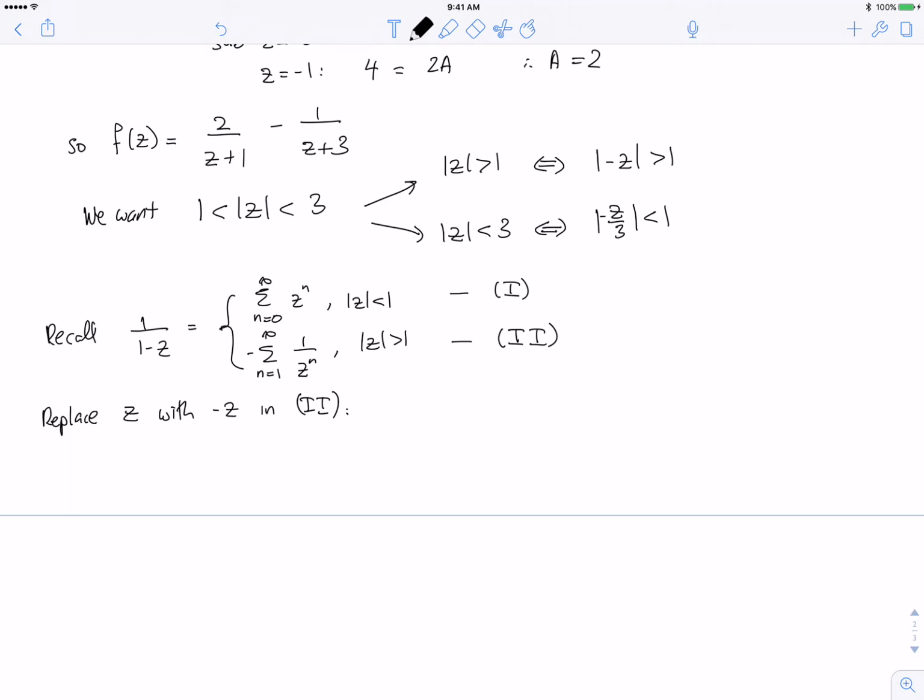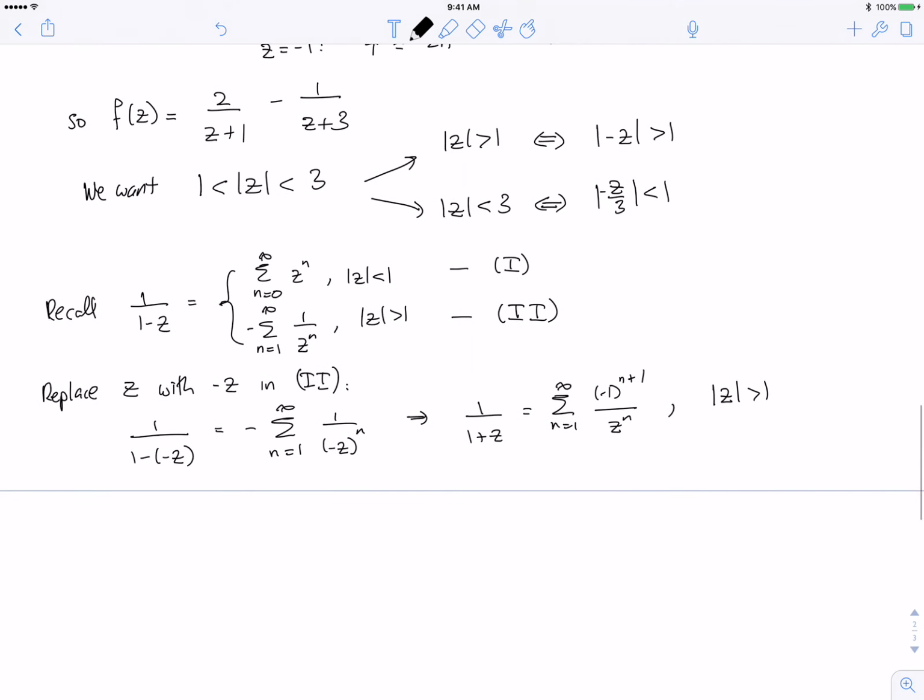So if I do that, what I'm going to get is 1 on 1 minus z equals negative sum from n equals 1 to infinity of 1 over negative z to the n. So in other words, 1 over 1 plus z equals sum from n equals 1 to infinity of negative 1 to the power of n plus 1 over z to the n. Right? And this is valid when the modulus of negative z is greater than 1, or in other words, when the modulus of z is greater than 1. Right?